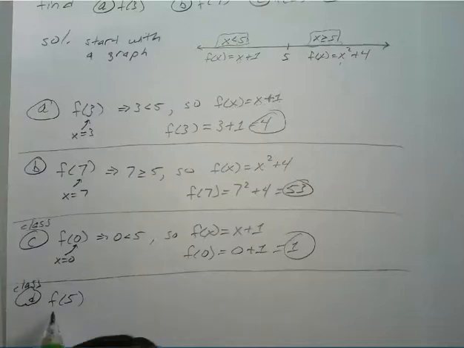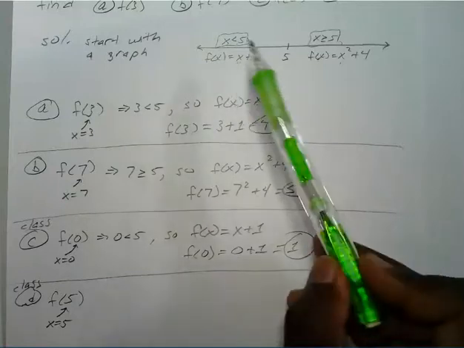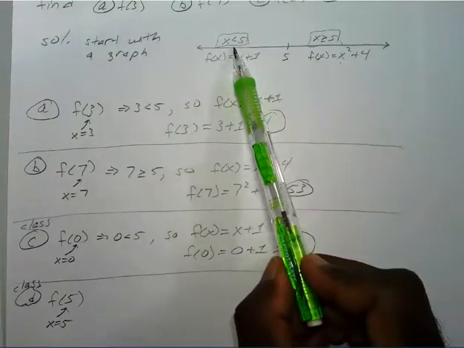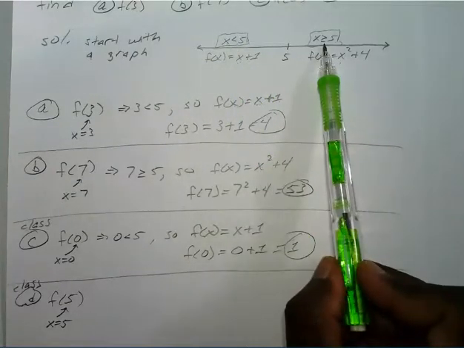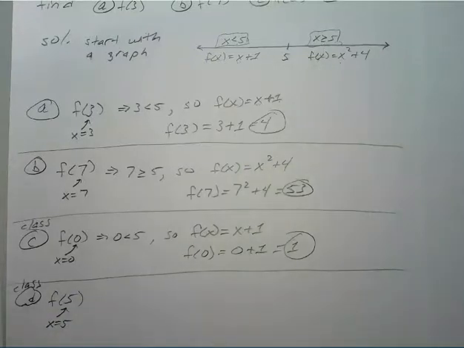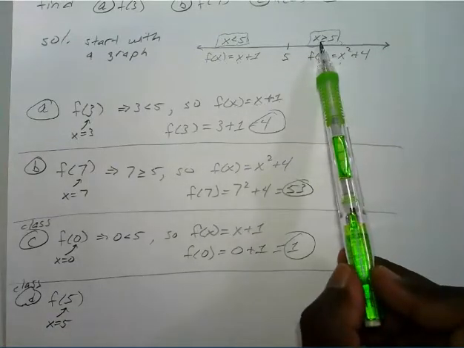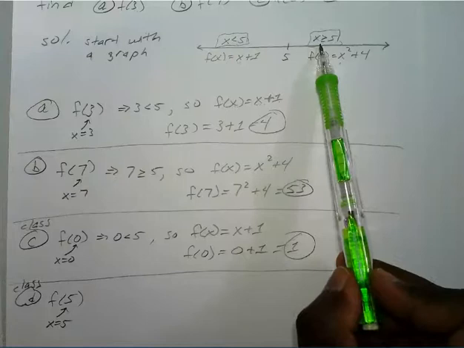So to find f of 5, we know that x is equal to 5. So again, we just ask, is 5 less than 5, or is 5 greater than or equal to 5? We can see here that it's greater than or equal to 5.